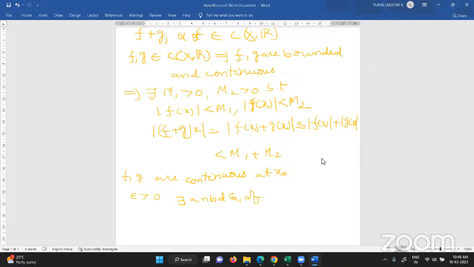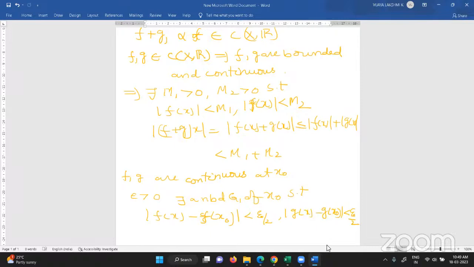G1 of x naught such that mod f of x minus f of x naught is less than epsilon by 2, and mod g of x minus g of x naught is less than epsilon by 2.